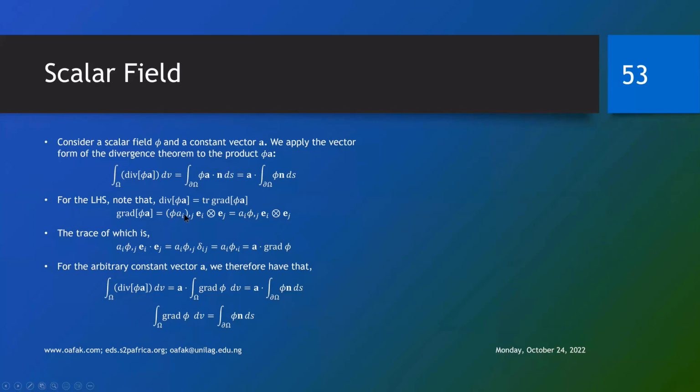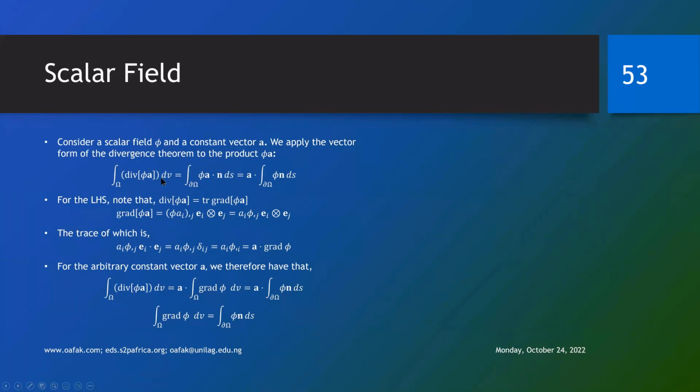But if you differentiate A, remember that A is a constant, you are going to get 0. So only one of those terms survives, when you differentiate phi and leave A alone. Even though there are supposed to be 2 terms here, you are only going to get 1 term.